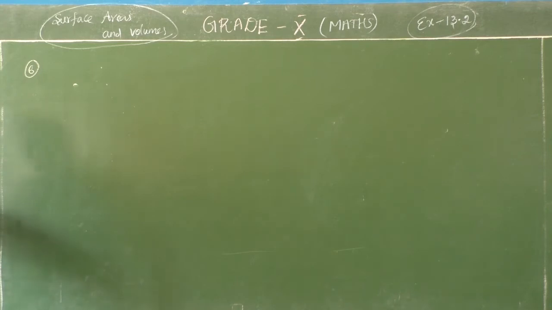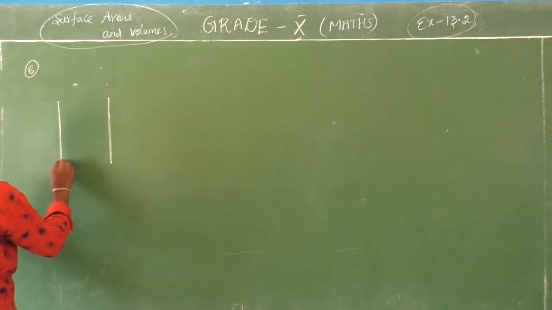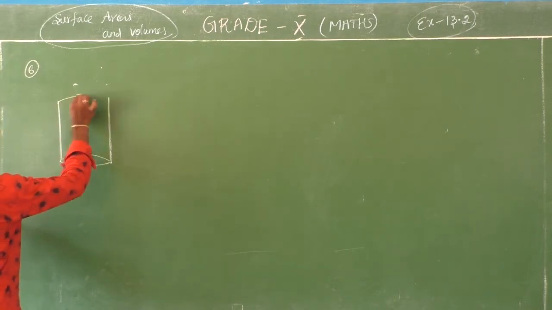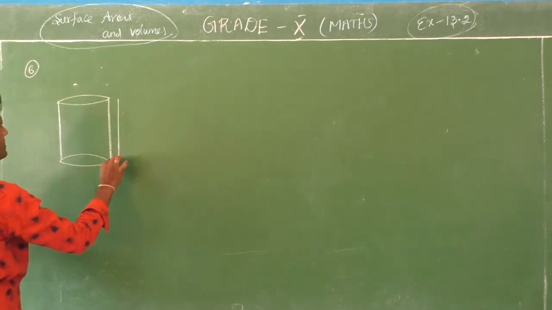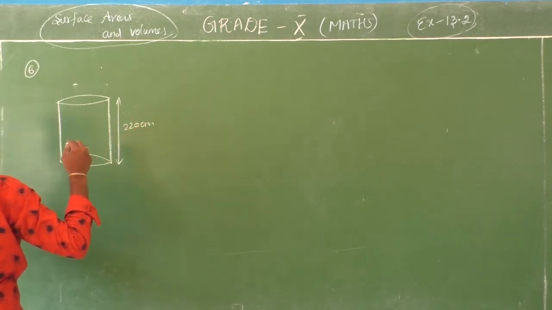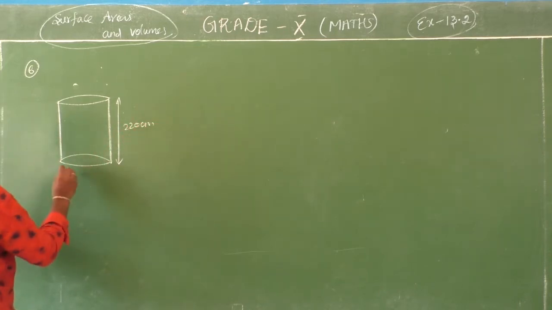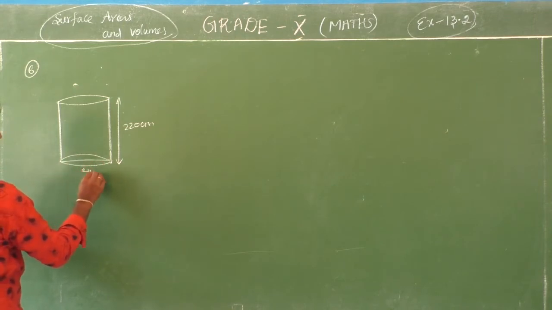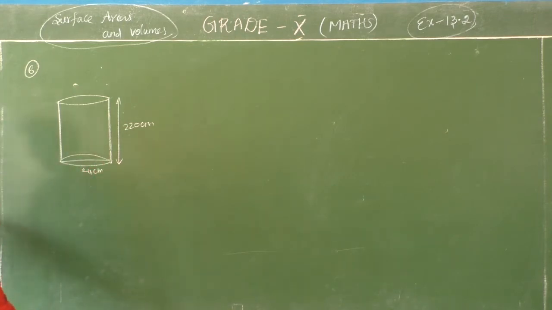Question number 6. A cylinder has a height of 220 cm and a base diameter of 24 cm. Now I am taking the big cylinder.